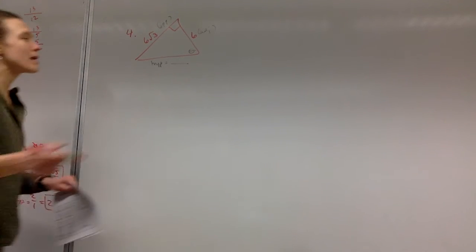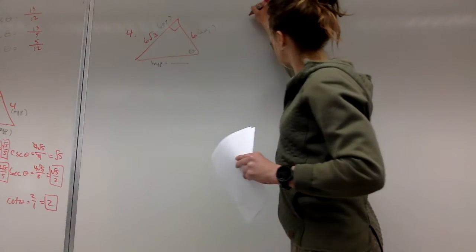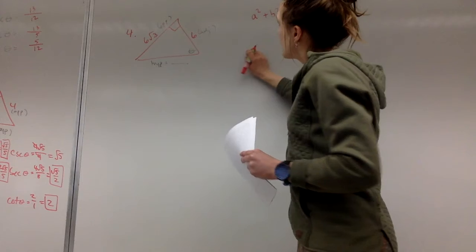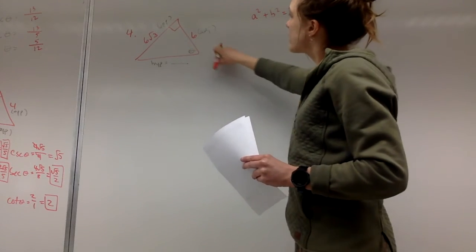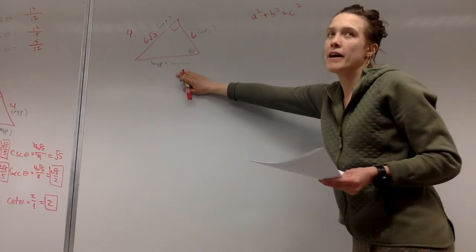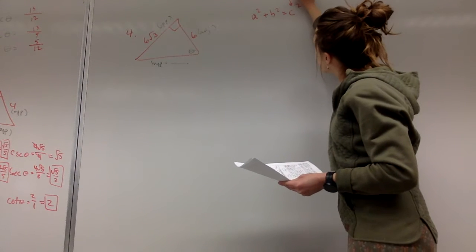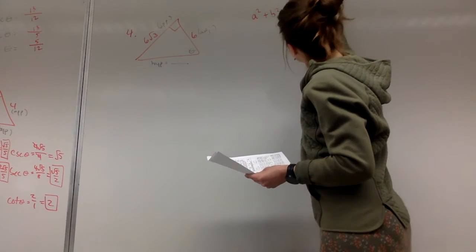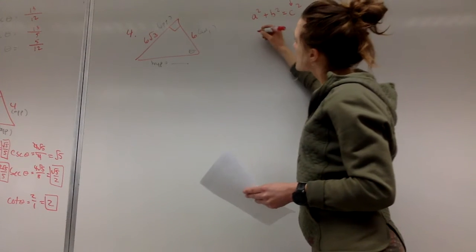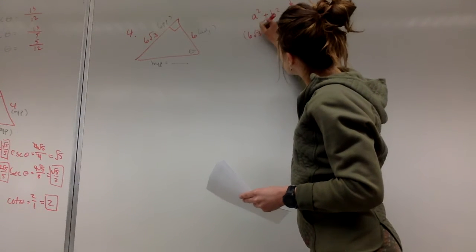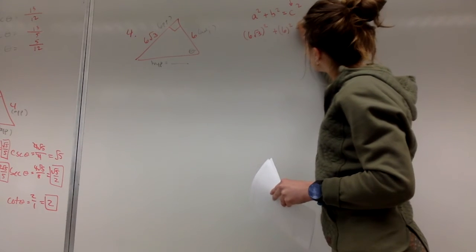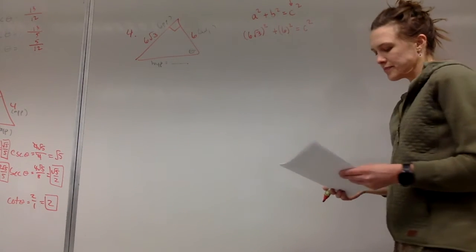So what's my Pythagorean theorem again? My opposite squared plus my adjacent squared equals my hypotenuse squared. So we're solving for this. So a squared, so let's do 6 radical 3 squared plus 6 squared equals c squared.